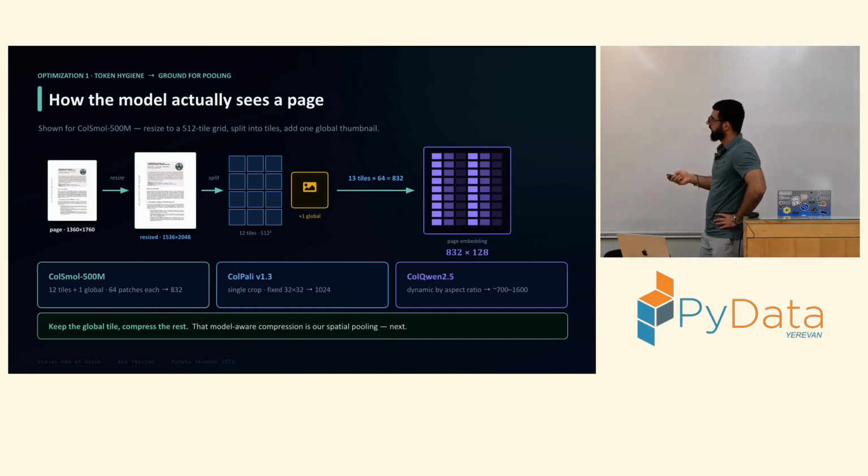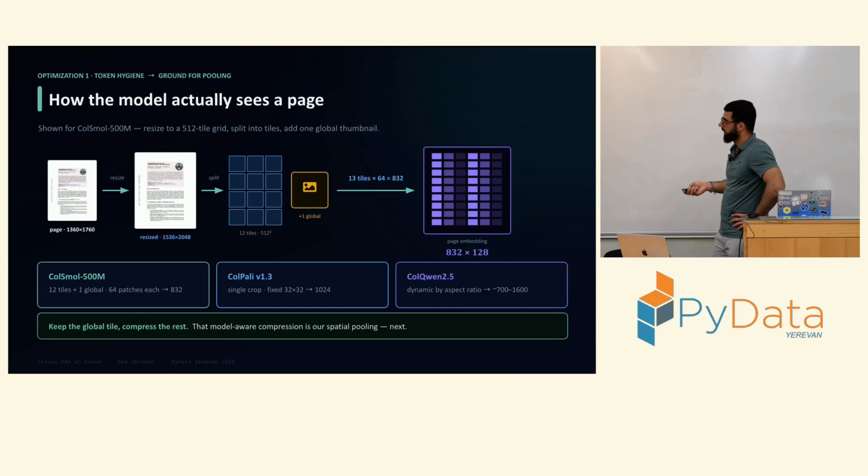For each of these patches, it creates 8 by 8 smaller inner patches, which is a bit technical, and for each of them it gets an embedding representation. At the end of the day, for the original page, it gets 832 embeddings with this dimension, this size. The ColPali model will always provide this type of grid size.